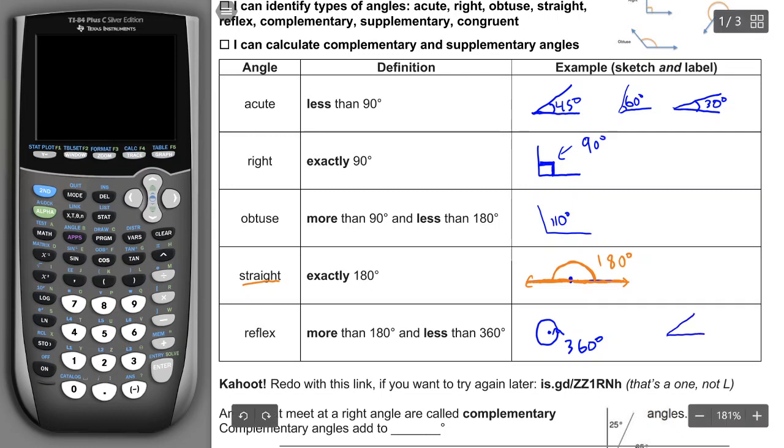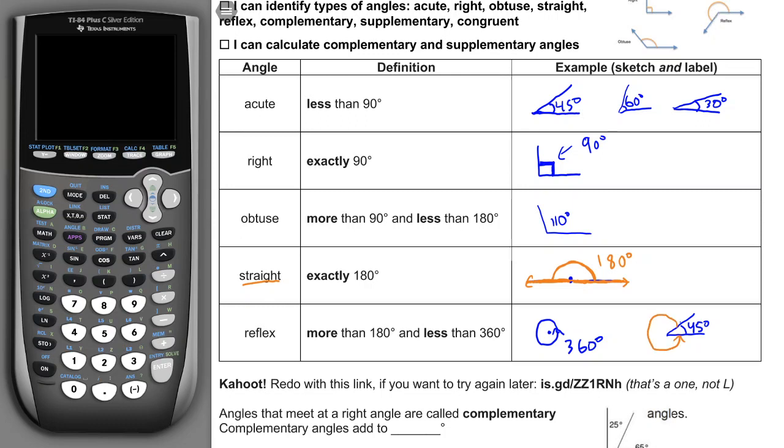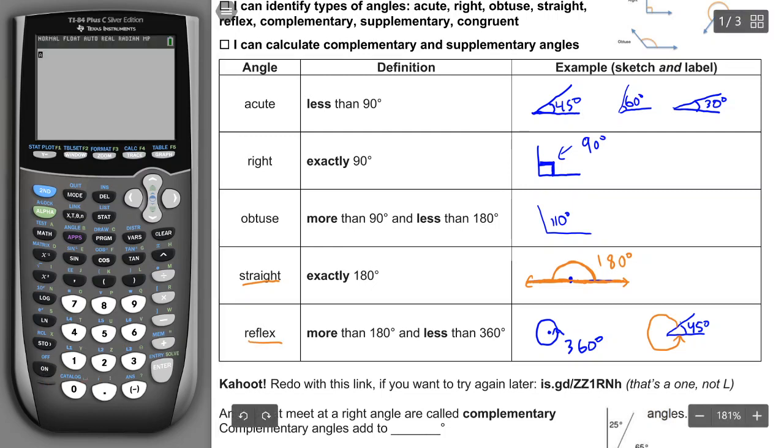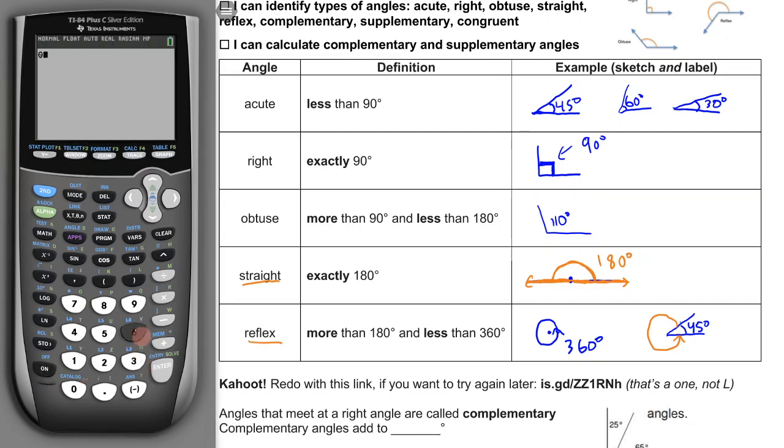So let's say you've got 45 degrees on this side. But what if I don't care about the angle on this side? What if I care about the angle that goes all the way around the rest of the circle? Well, that is called a reflex angle. And a reflex angle is just your full circle, 360 degrees, minus your acute angle, or obtuse angle, whatever you have.